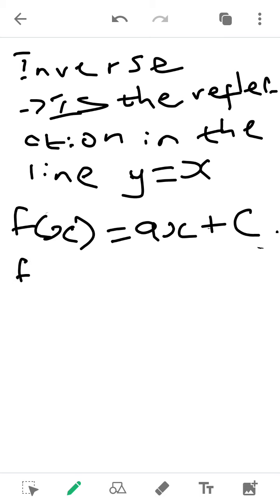Example, let's take f of x equals 2x plus 1.